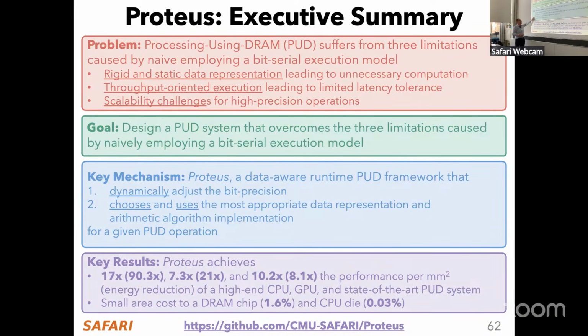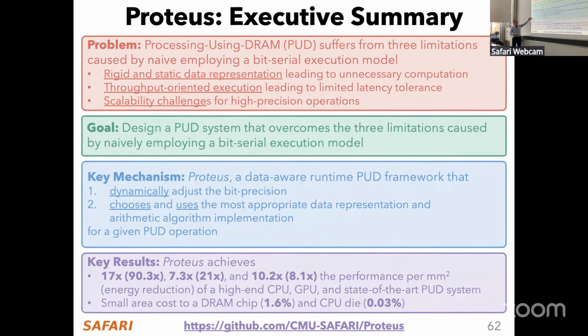So this work observes that different values and essentially different widths benefit from different types of adders, for example, addition algorithms or multiplication algorithms, and data representations. Some of them are better represented with redundant binary data.